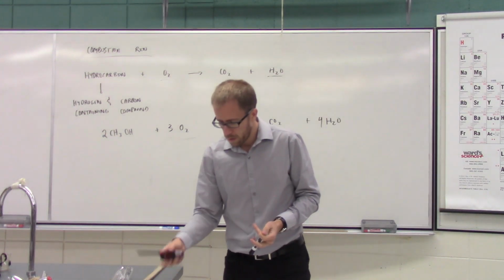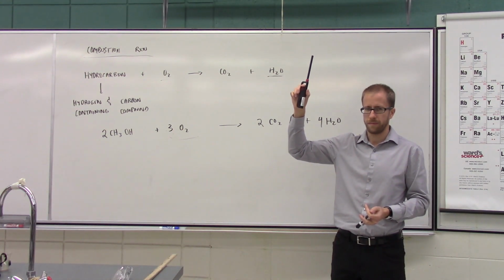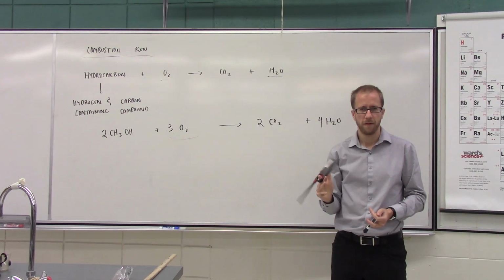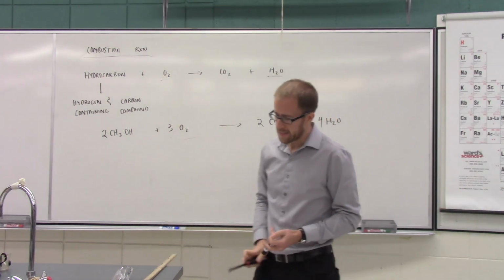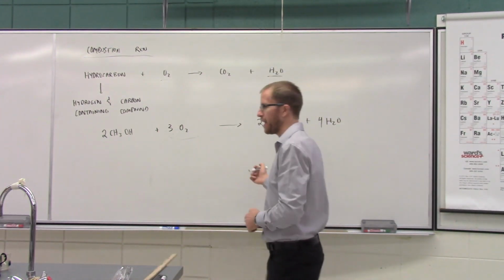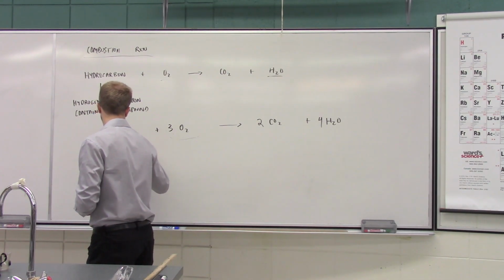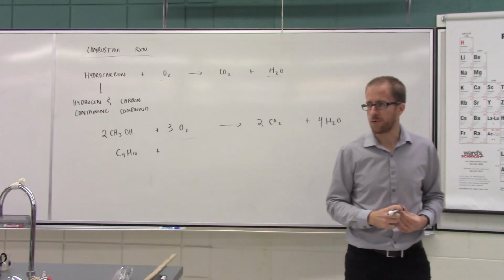Now, what's in this lighter? Let's do another example. We've already talked about this, but that's okay. Butane. Yeah, butane. It's tetracarbon decahydride. Now, when I combust that, is that a hydrocarbon, by the way?